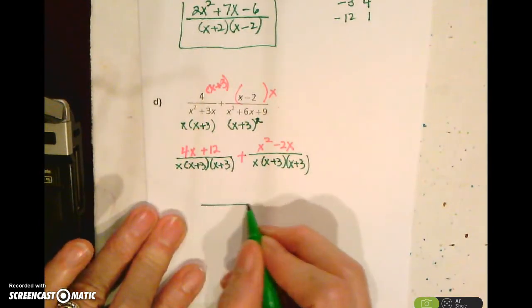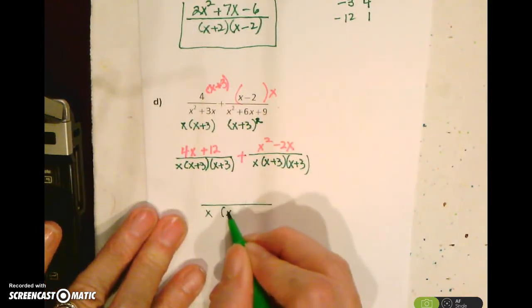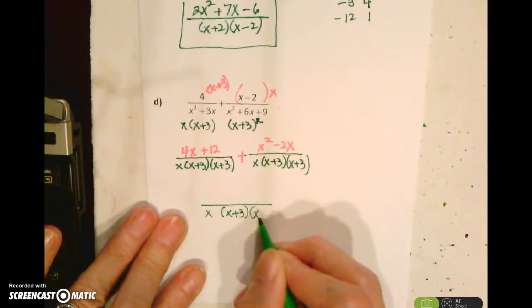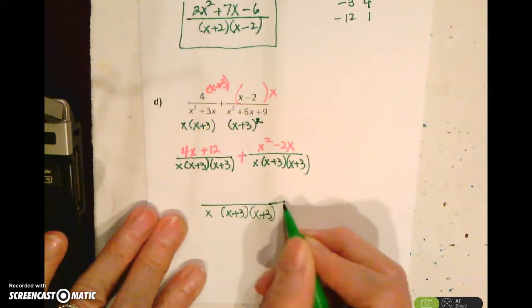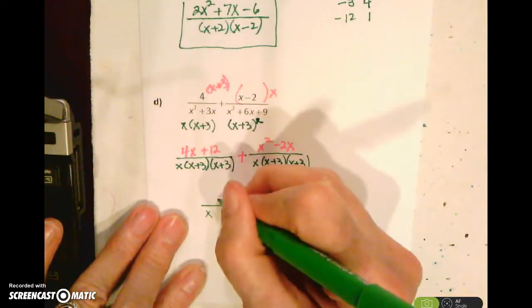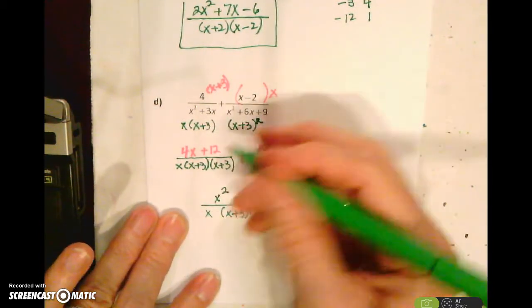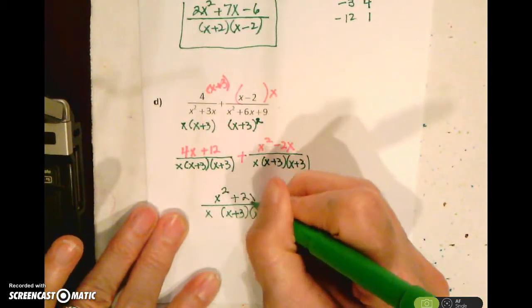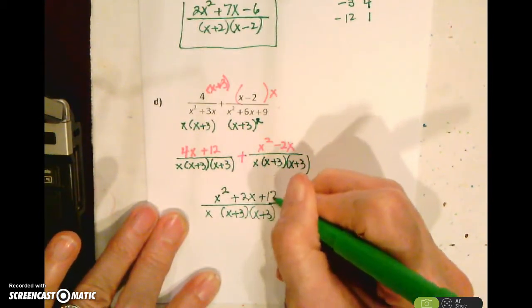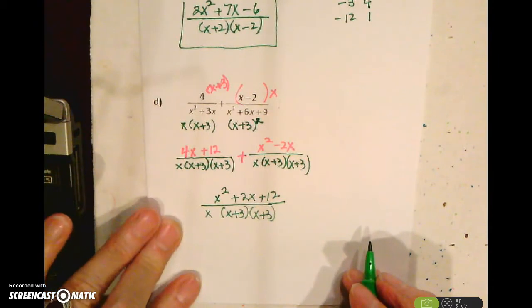So then adding them, keep my denominator, x times x plus 3 times x plus 3, and then adding these together, I get x squared. I have a 4x and a negative 2x, which will be a plus 2x, and plus 12.